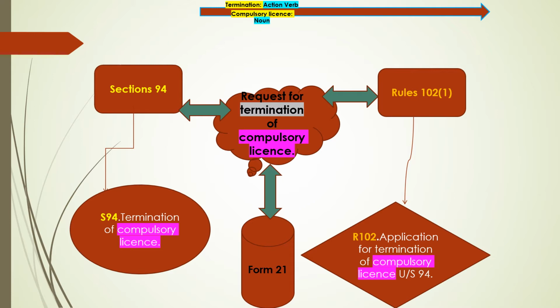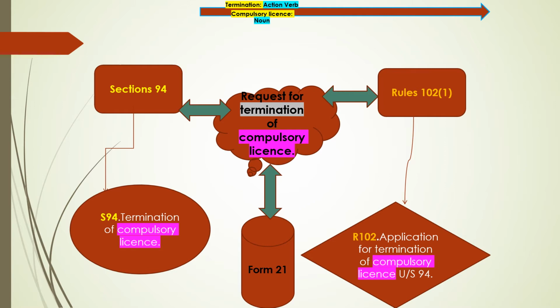So what is the secondary word? That means the exact function, or what is being done with the primary word, is defined by the secondary word. When we read the title for section 94, it is termination of compulsory license.